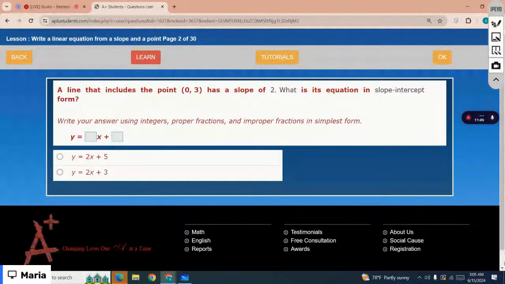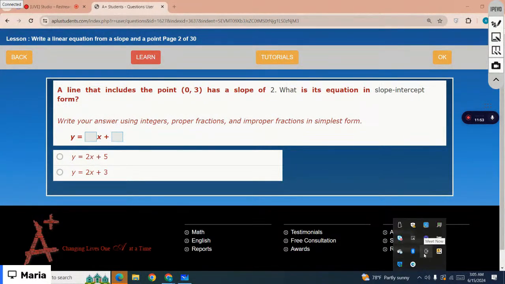Okay, the next one is a line. A line that includes the point 0, 3 and has a slope 2, what is its equation in slope intercept form? So which is the correct option? You are given the point.